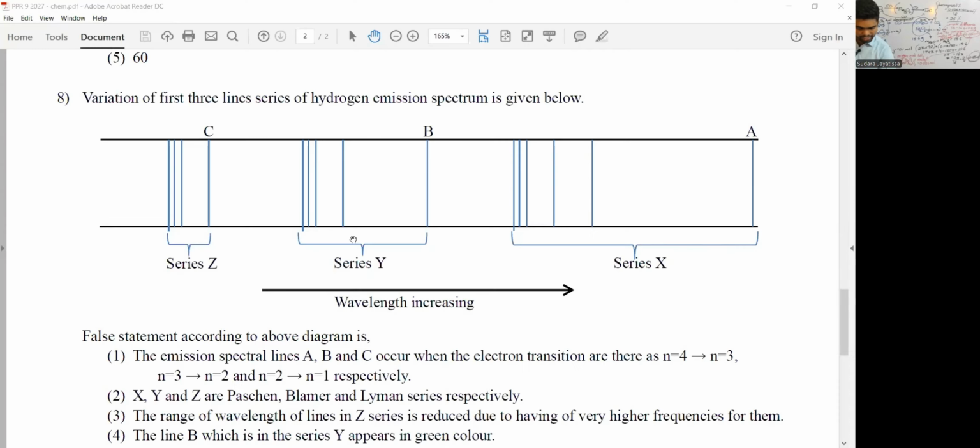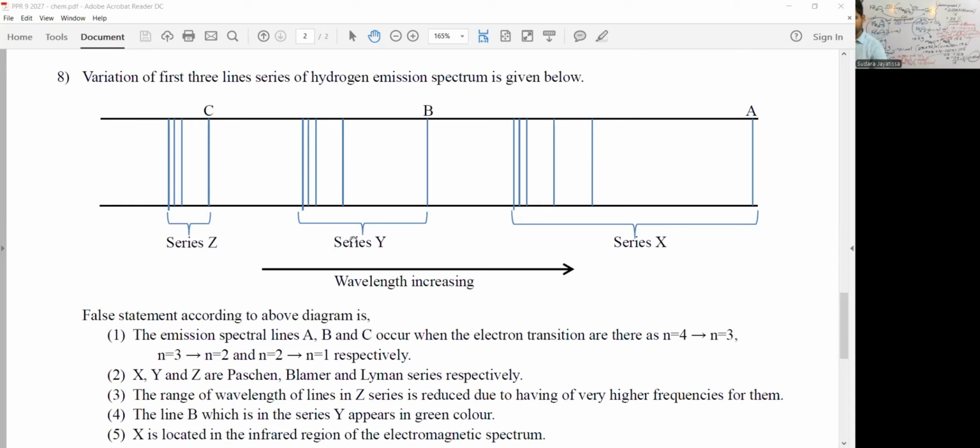So question number 8. This is somewhat a different question. Some students asked about this question also when I gave you the paper. So why is it different? It is because it is showing you the wavelength.